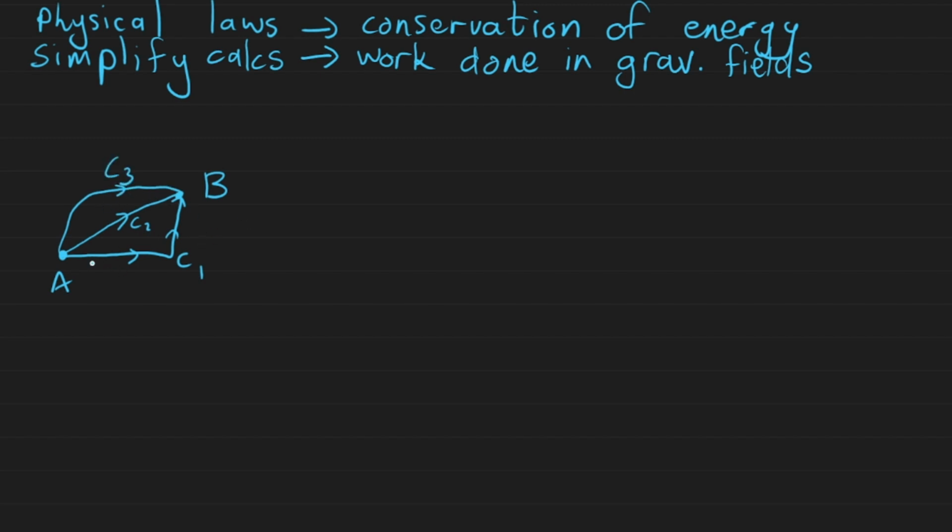So we can evaluate the line integral along these different paths. If a vector field is conservative, it means that the line integral along each of these paths is the same. So if we were to take the integral along C1 of f dr, it would be equal to the line integral along C2, and it would also be equal along C3.